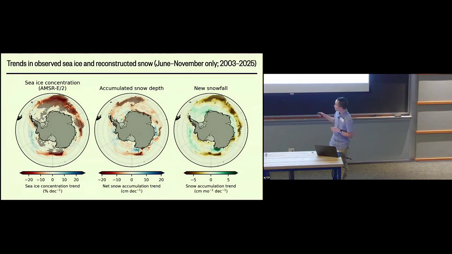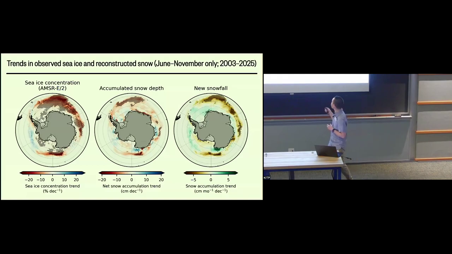There are some exceptions, the Amundsen Sea, this area off of Wilkes Land. But in comparison, the snow model shows weaker trends in snow thinning, but they closely mirror the patterns in sea ice loss. They're focused in the northern Weddell Sea, in this area west of the Ross, and those are the areas that have seen the most sea ice loss.